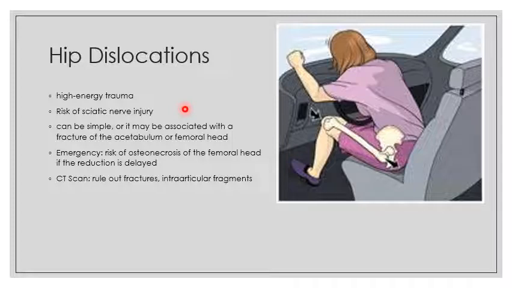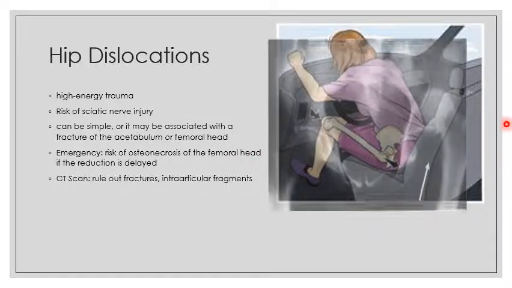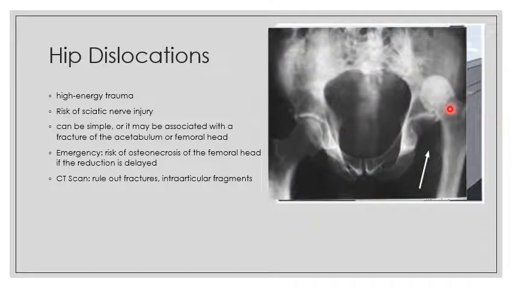So same as the shoulder, hip dislocations could just be simple or associated with a fracture of the acetabulum or the femoral head. And this is an emergency because of the risk of osteonecrosis of the femoral head if the reduction is delayed. So on X-ray, you see this, the head is out of the socket.